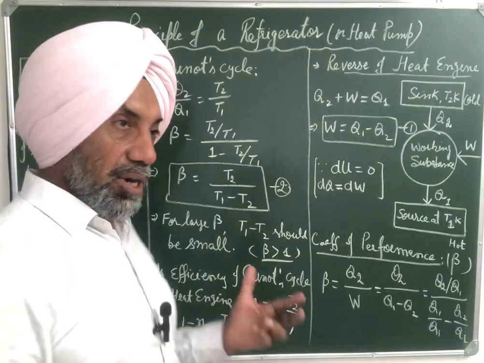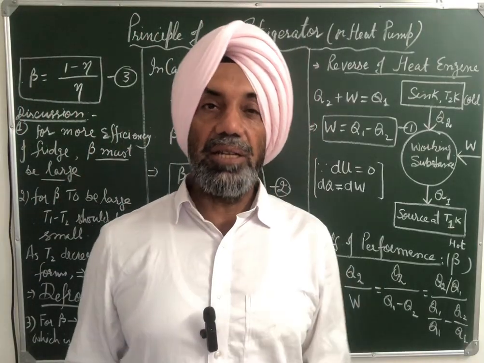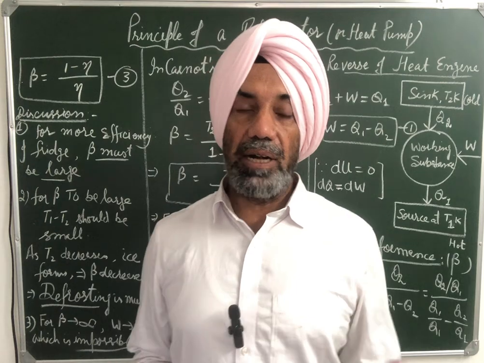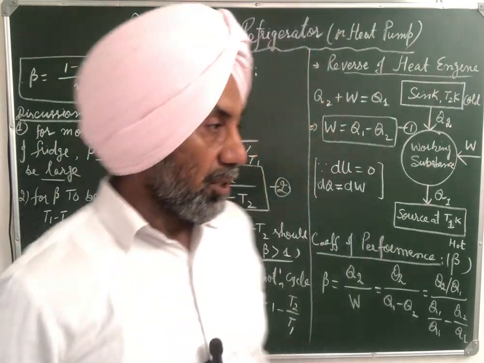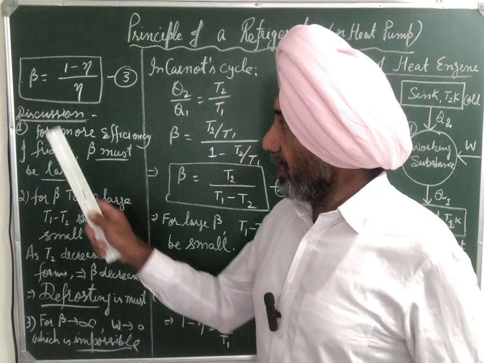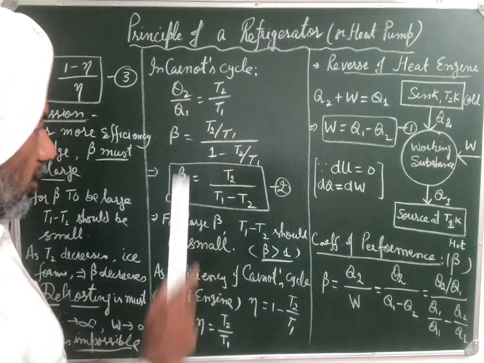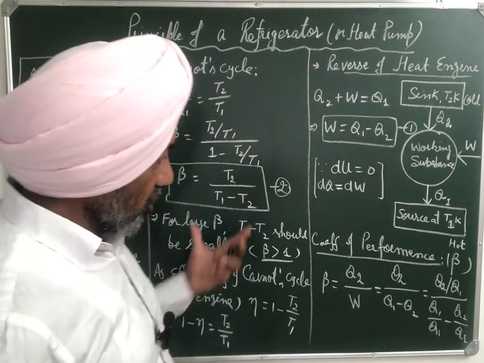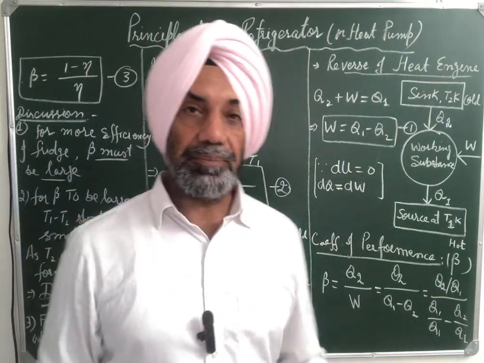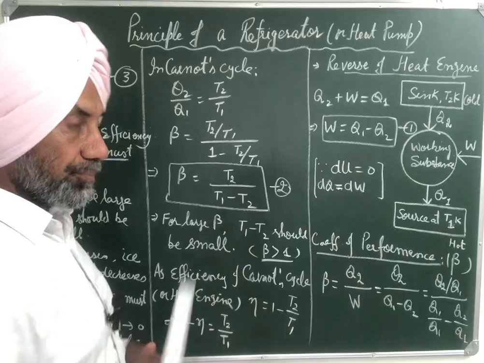So efficiency of Carnot cycle or any heat engine is always less than 1, but beta is always greater than 1. So from this equation, beta is equal to T2 upon T1 minus T2, we have some questions and we can answer them by knowing this equation.